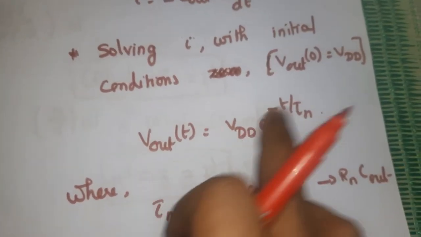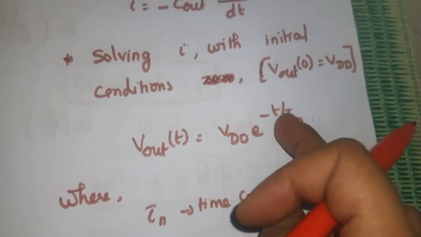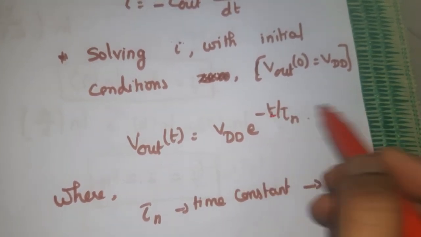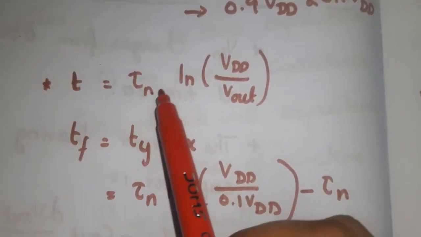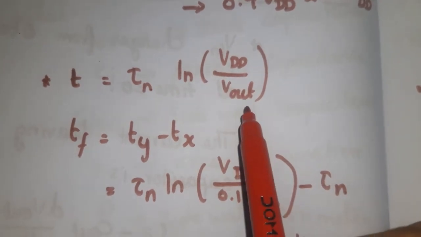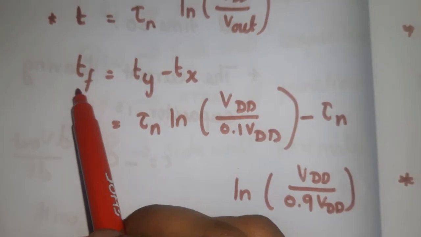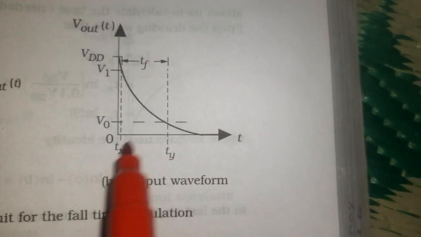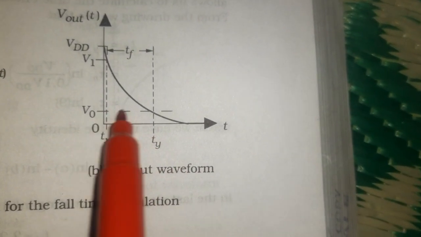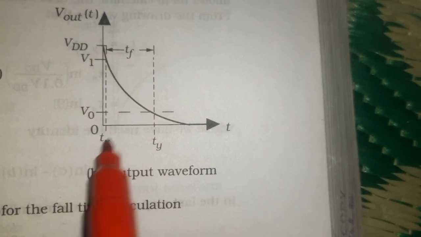Solving this equation for t, since we need t to find the fall time, t is equal to tau n ln of VDD divided by Vout. The fall time is equal to Ty minus Tx. Here Ty corresponds to V0 and Tx corresponds to V1.